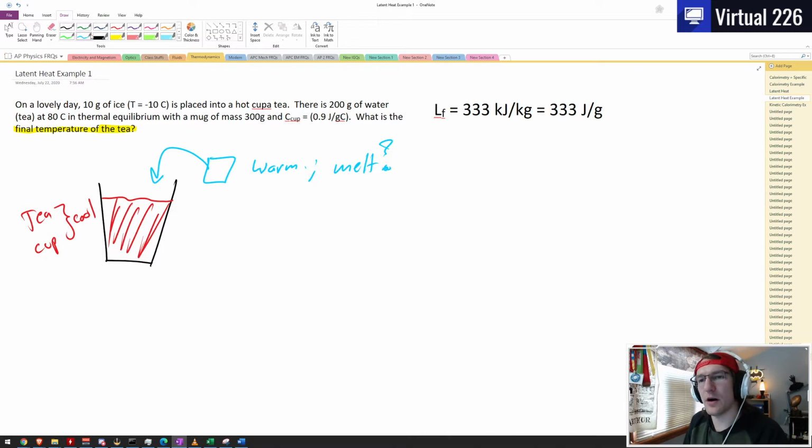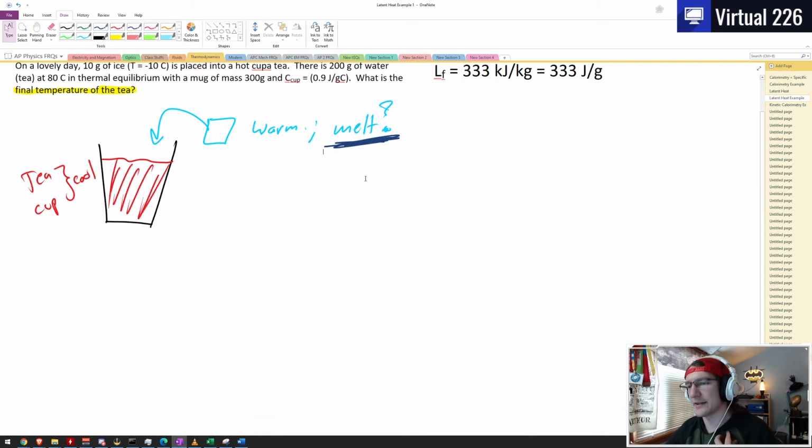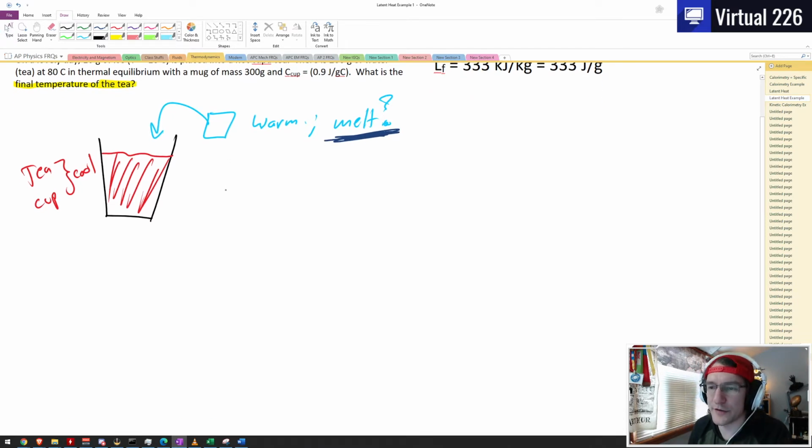So let's put all of this kind of into one here. First, let's try to figure out just how much energy it would take in order to, well, let's just assume at this point that the ice is going to melt, okay? There is a way to kind of prove that. We'll see that at the end of here. But let's assume all this is going to happen.